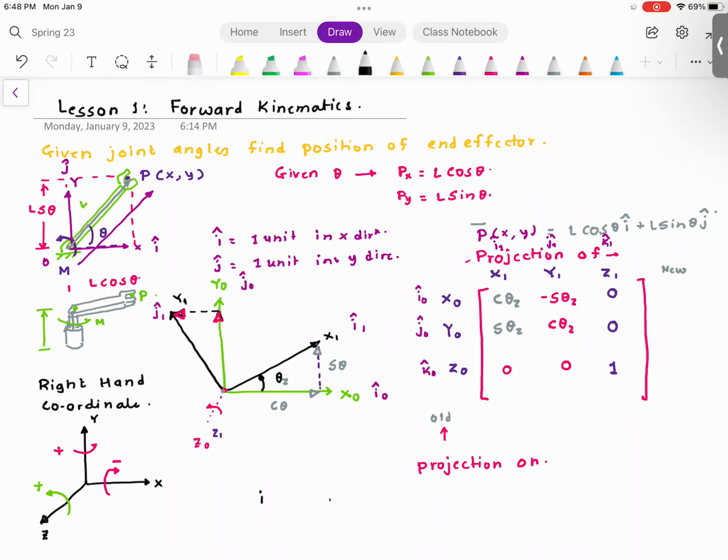i naught is equal to cosine theta z i1 plus, sorry, minus sine theta z j1 plus 0 k1.